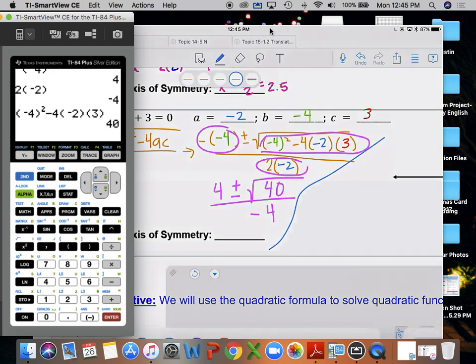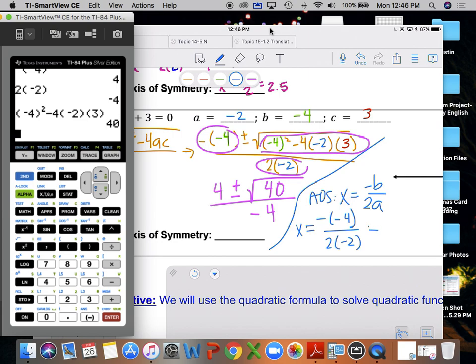For my axis of symmetry, x equals negative b over 2 times a. So negative b over 2 times a. So as we talked about earlier, negative 4 is a positive 4. 2 times negative 2 is a negative 4.